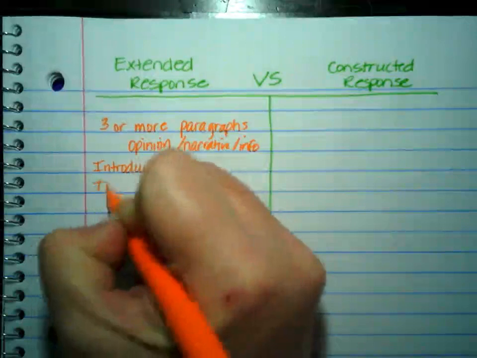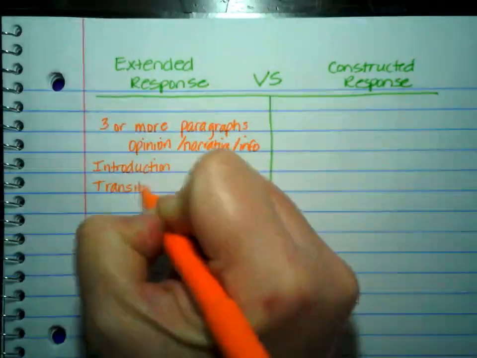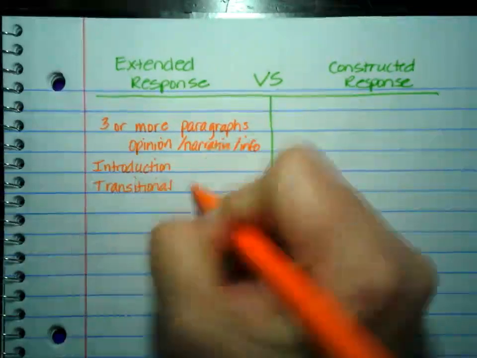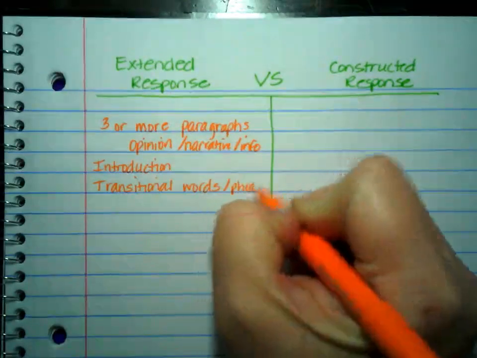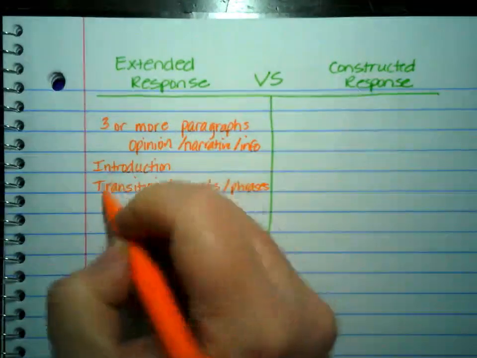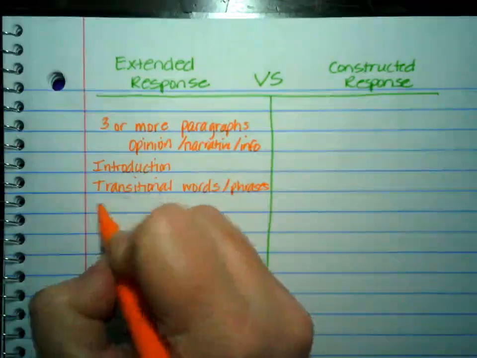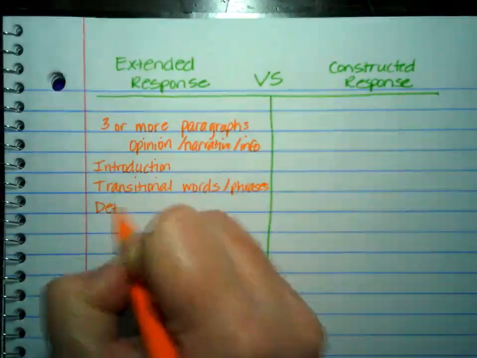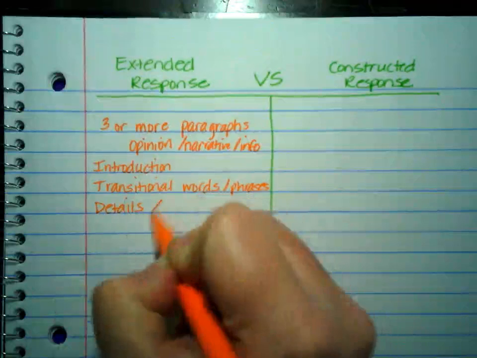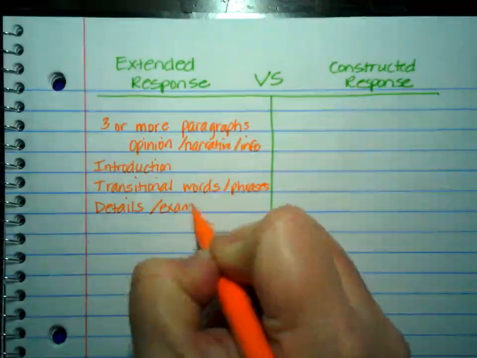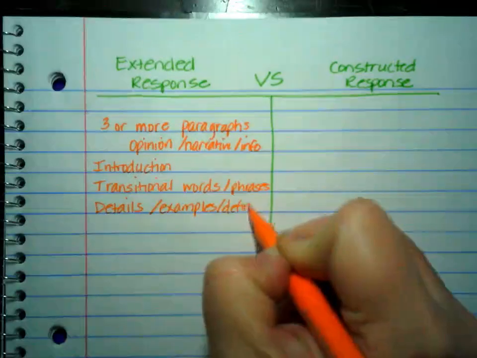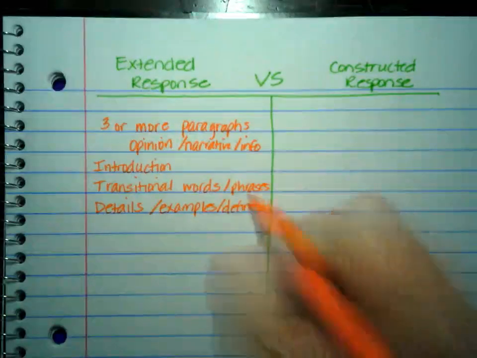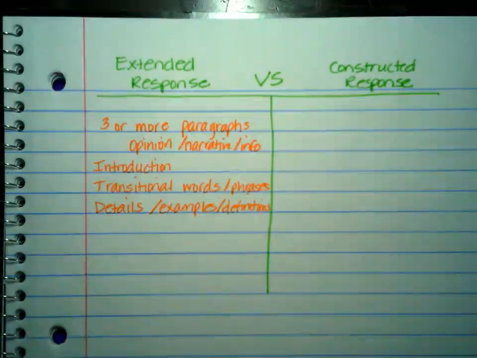You would use transitional words and phrases. You might use details, examples, and definitions to convey a meaning to your reader.